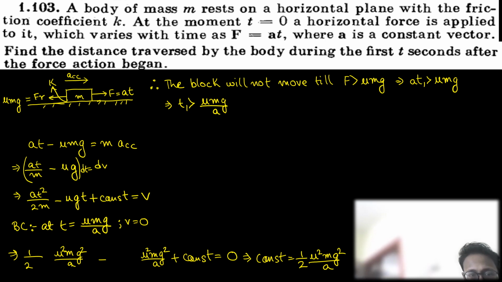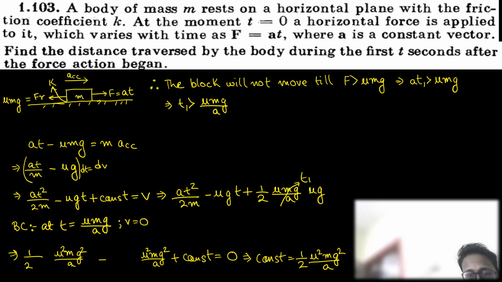So velocity is equal to At square by 2m minus mu gt plus half mu square m g square by A. This half mu square m g square by A can be written as mu m g by A into mu g, and this is nothing but T1.